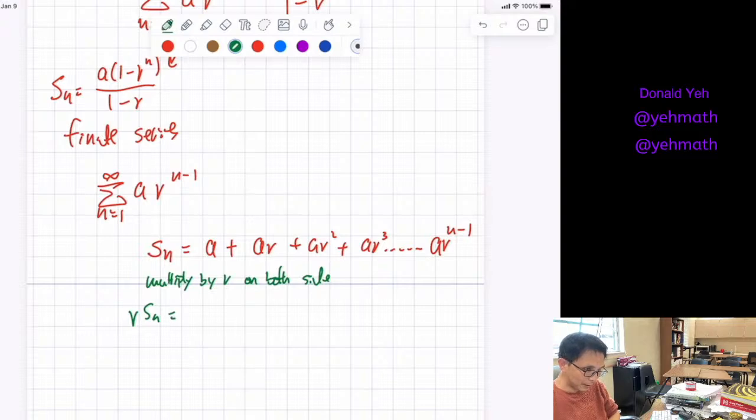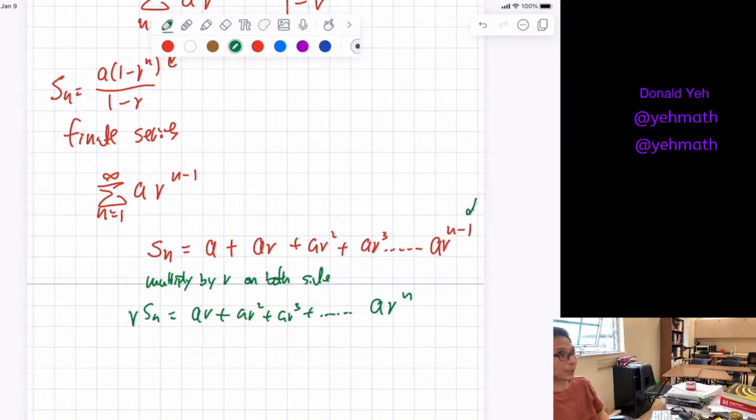Does that make sense? a r plus a r squared plus a r to the third plus dot dot dot, but your last term is going to be a r to the n. Because you multiply by r, the negative 1 will cancel out.